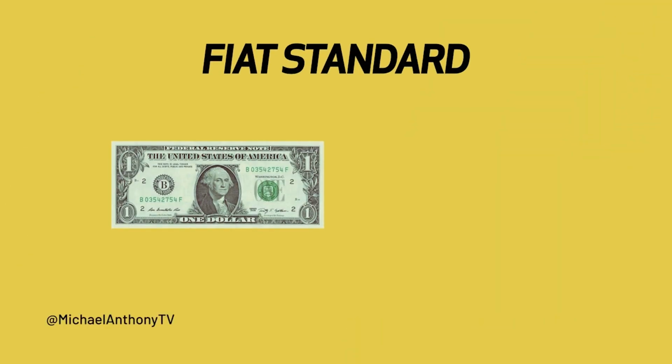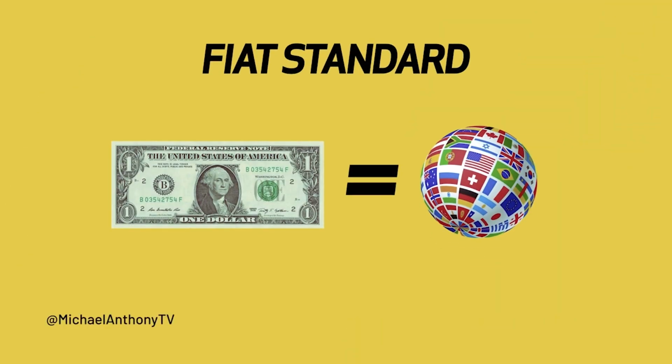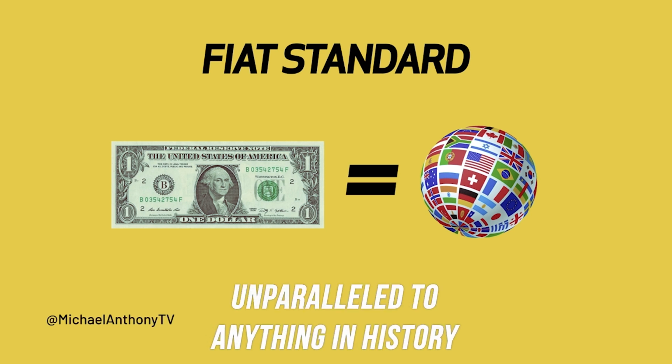Okay. So what does fiat mean? Well, the currency of a nation, like the US dollar here, is only as strong as the country issuing it. Fortunate for those holding US dollars, the US economy and military are unparalleled to anything in history.